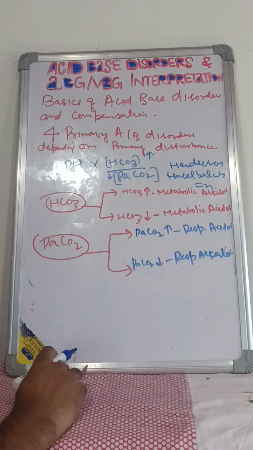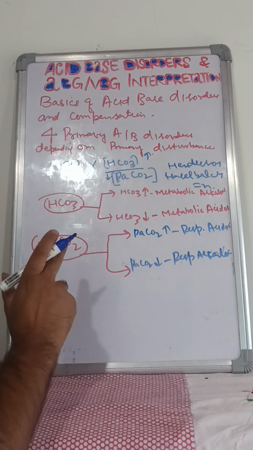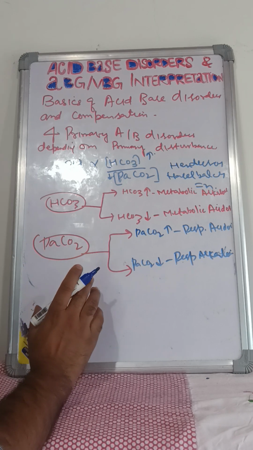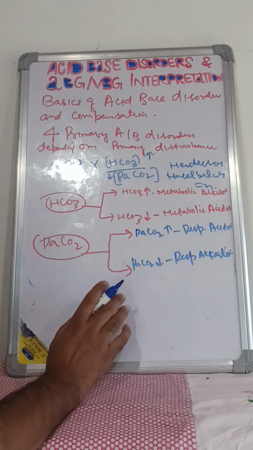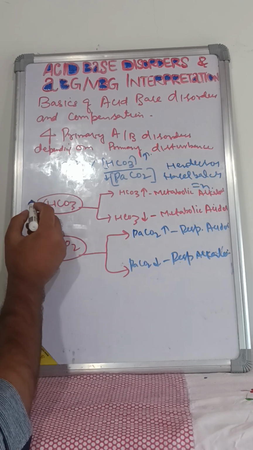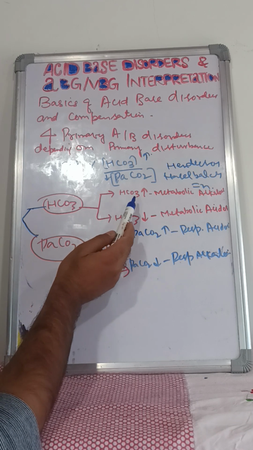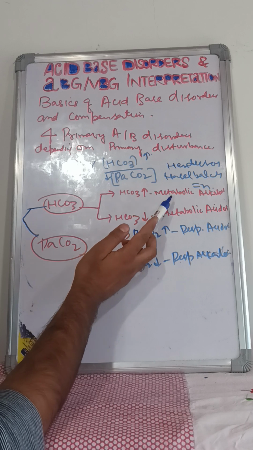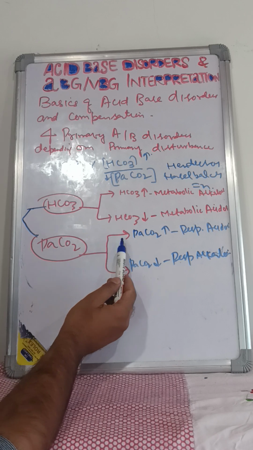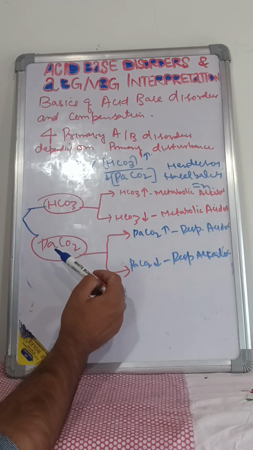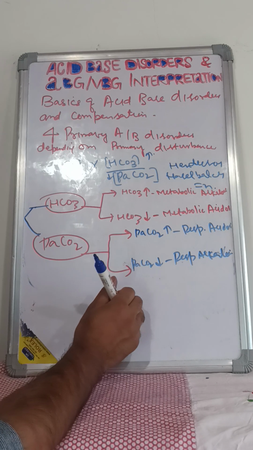These are the basics you have to remember in order to understand ABG interpretation. So we have two basic defects: bicarbonate can increase, metabolic alkalosis, or decrease, metabolic acidosis. Carbon dioxide can increase, respiratory acidosis, or decrease, respiratory alkalosis.